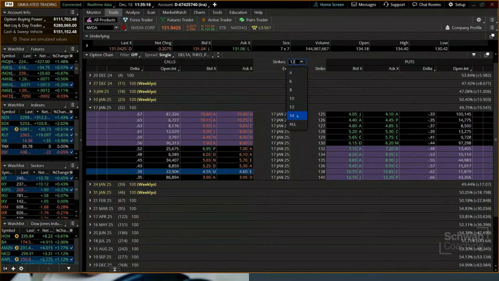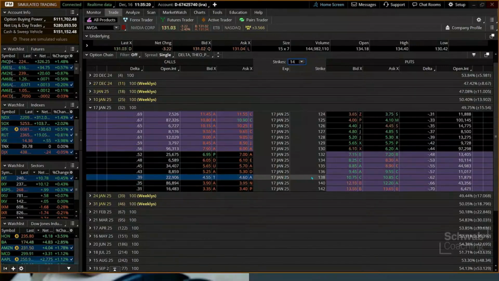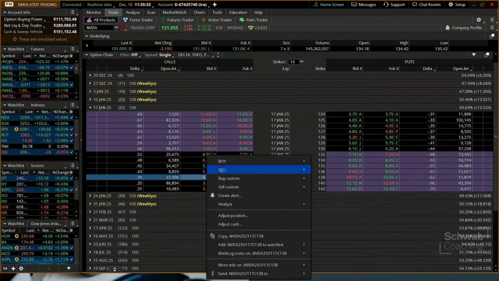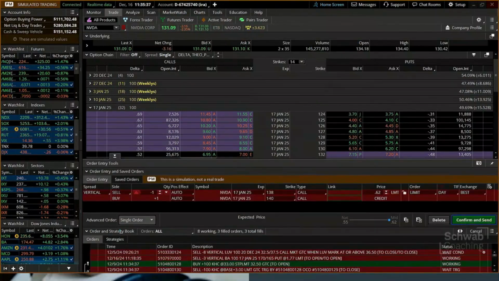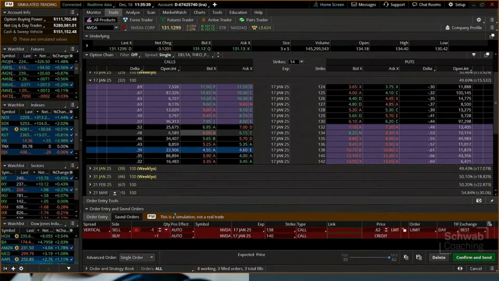If the stock, let's say, is 130, and it stays below 138, and we wanted to buy a call for upside cap protection or a max loss, we're going to sell the 138 and buy the 142. So I'm going to sell the 138 and buy the 142.